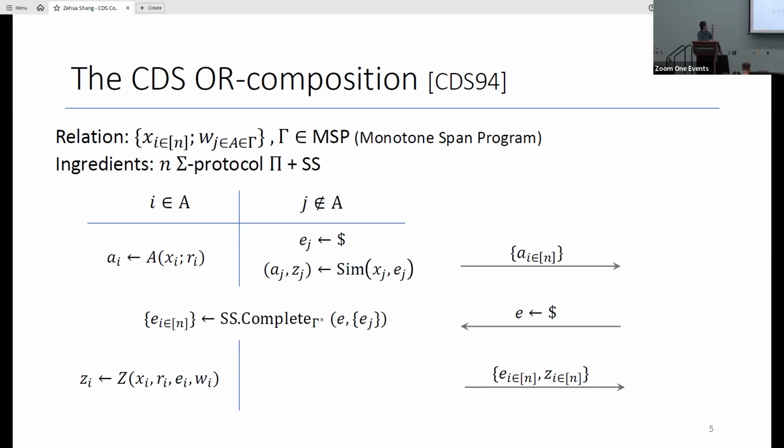For example, you want to prove that you know witnesses for some of n statements that satisfy an access structure that can be expressed as a monotone span program. And here you want to replace your addition with secret sharing schemes for those structures, gamma star.